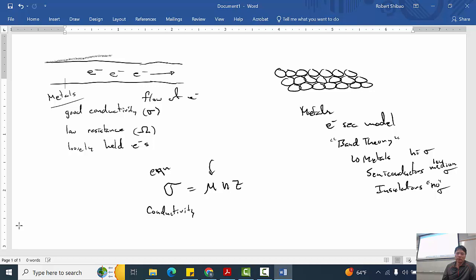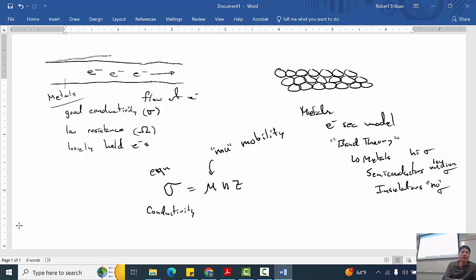Mu is this symbol here, and that represents mobility. We were just talking about mobility. At high temperatures, what happens to the mobility? It decreases. At low temperatures, the mobility increases.